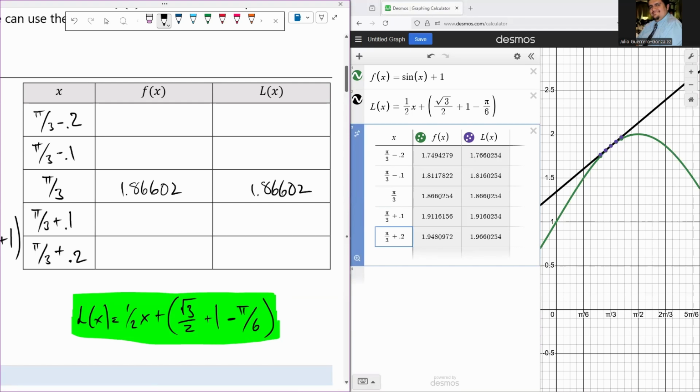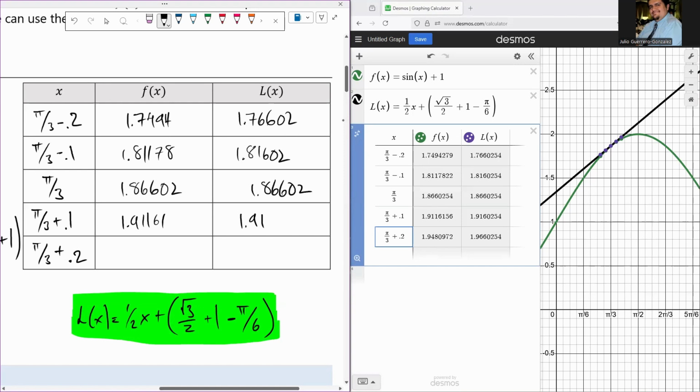But now let's keep going in the negative direction. 1.81178, 1.81602, 1.7494, 1.76602, and then let's go into the positive direction, 1.91161, 1.91602, and then the last two, 1.94809, 1.96602.